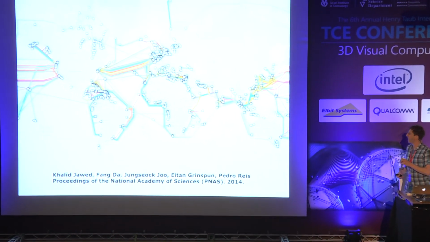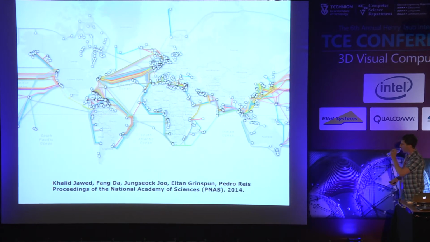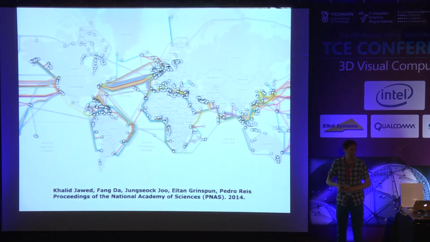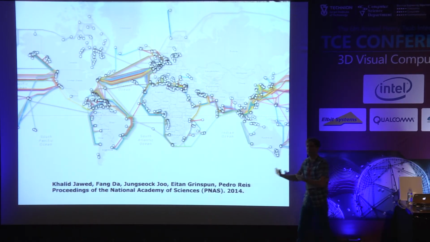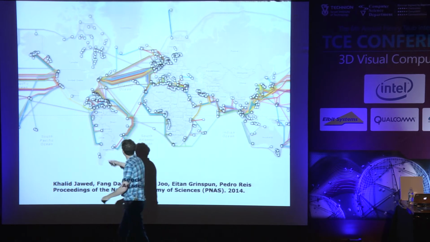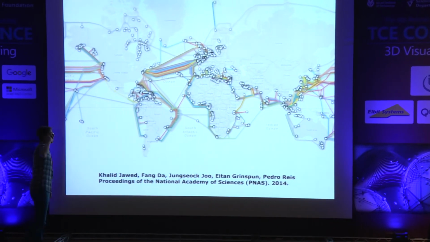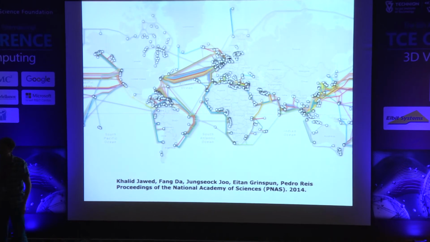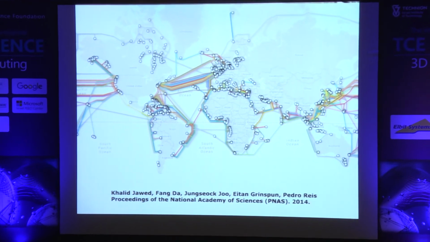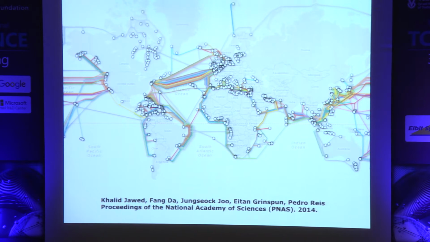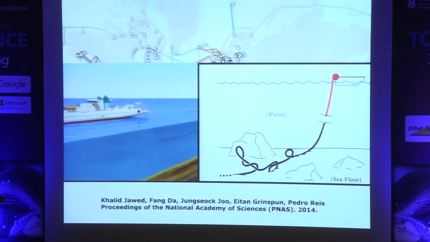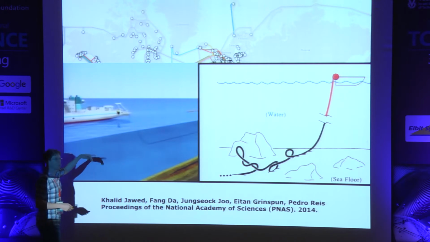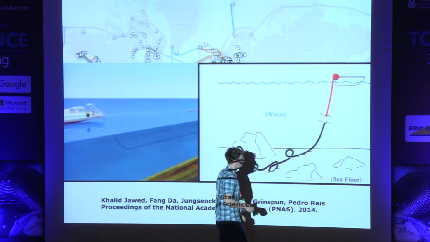Also, some condensed matter physicists at MIT have since become nice collaborators of ours. We did a PNAS paper with them recently, studying their experiments side by side with simulations. Here are all of the transoceanic cables that have been put down for internet and communication since the World War. They're put down by a ship, and the ship basically has a cable that's coiled up and is deposited as the ship moves along.